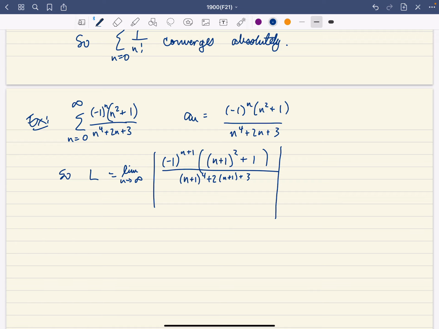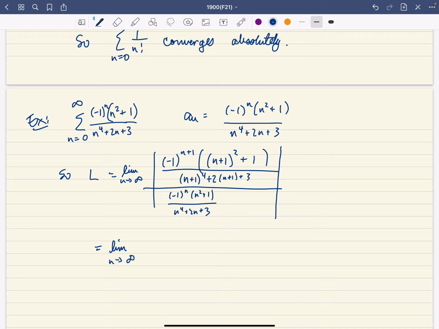So that's our a sub n plus 1. And then we're going to divide that by a sub n, which is negative 1 to the n times n squared plus 1, all over n to the 4th plus 2n plus 3. Now, this looks like a mess. And it kind of is, but it kind of isn't. And I'll show you a nice way to evaluate these limits when you have rational functions.